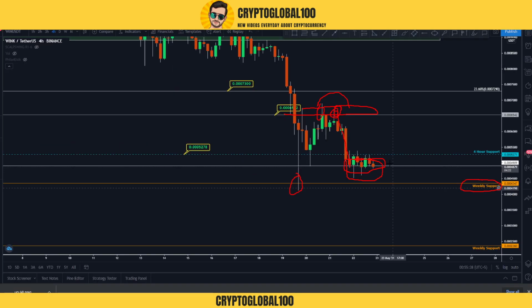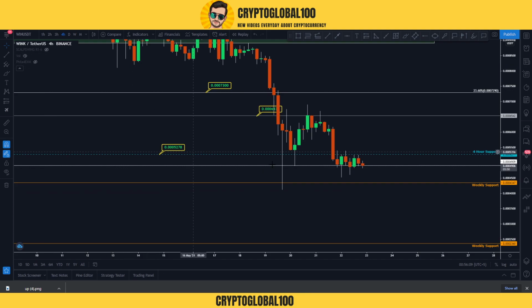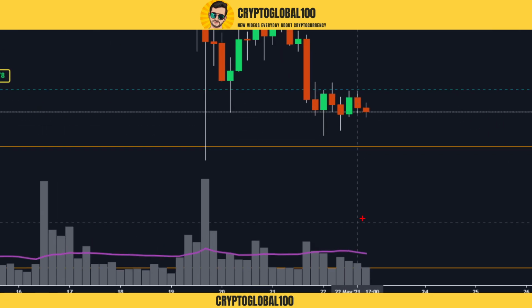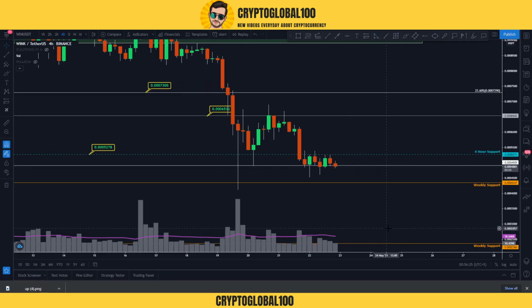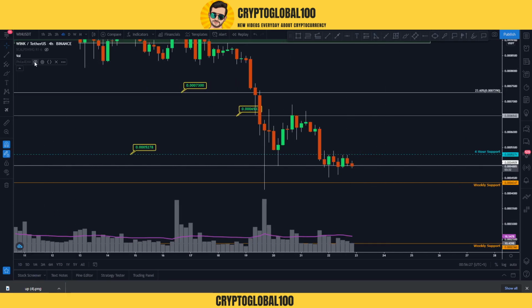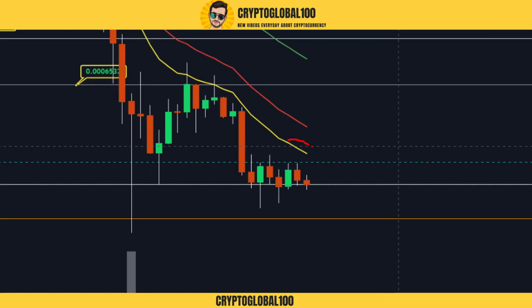If we take a look with the help of the volume right now, the volume is decreasing, the volume is not that much. So we say that we need good volume if we want to move on the upside. If we take a look with the help of EMAs, we see the fast EMA.